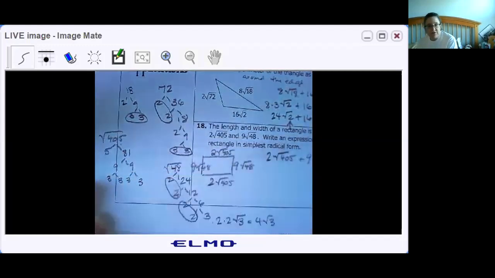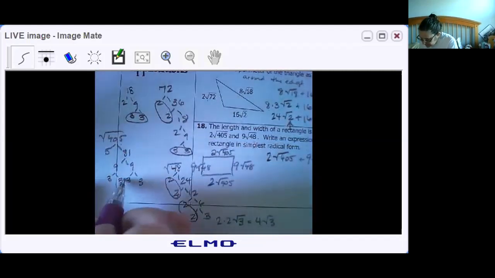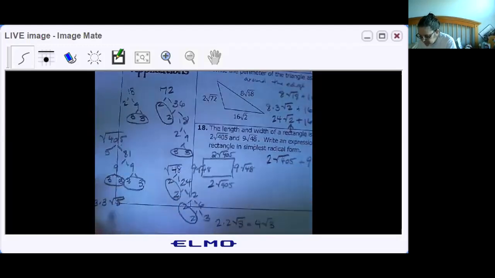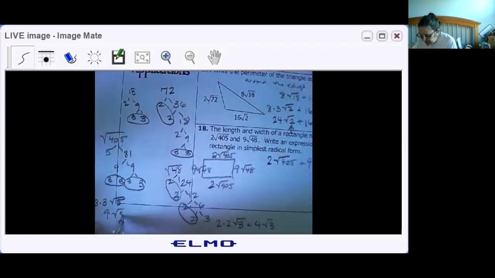I know I did that factor tree a little different, but sometimes some of our math facts are a little bit easier to remember, okay? Now let's look. The square root of 405 is 3 times the square root of 5. So that's 9 times the square root of 5.